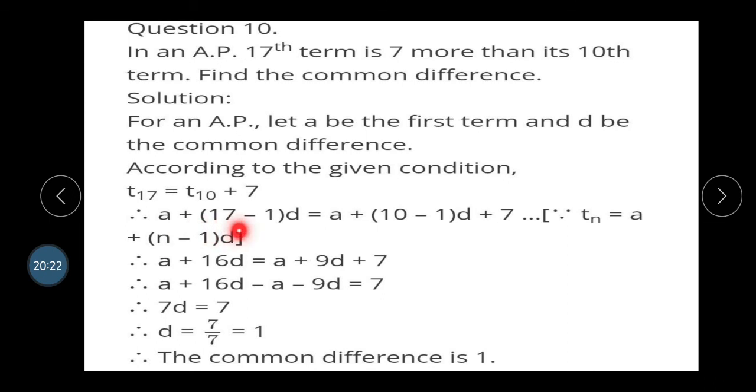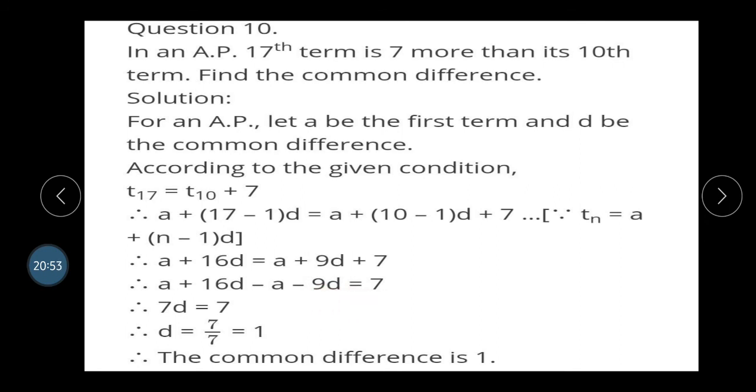Therefore, A plus 17 minus 1 D equal to A plus 10 minus 1 D plus 7. That is, we are substituting this in our formula. So, A plus 16D equal to A plus 9D plus 7. Therefore, A plus 16D minus A minus 9D equal to 7.